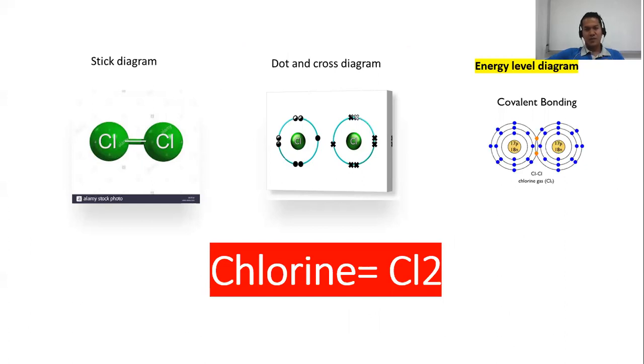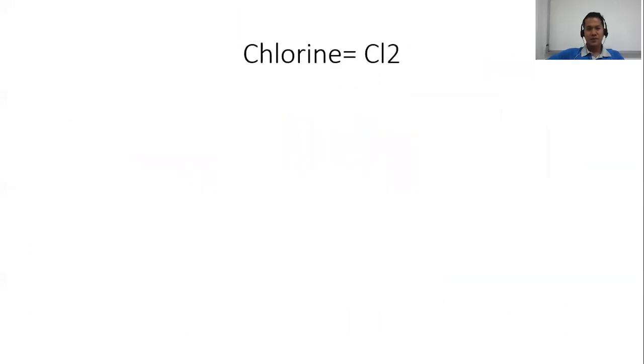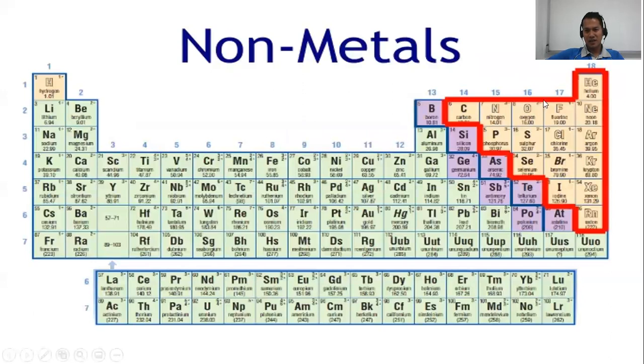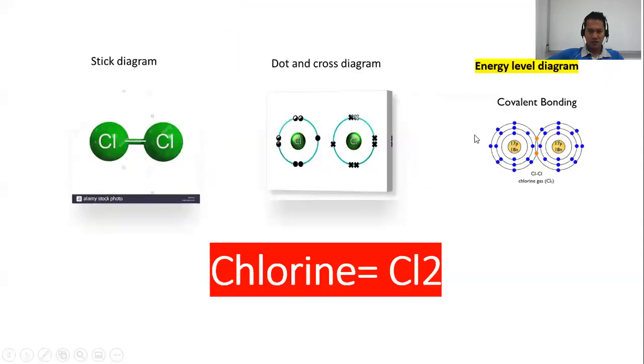Let's go back to the periodic table once again. The periodic table here says chlorine is in group 7, period 3. Period is horizontal, group is vertical; group 17 or group 7. What is that telling us?